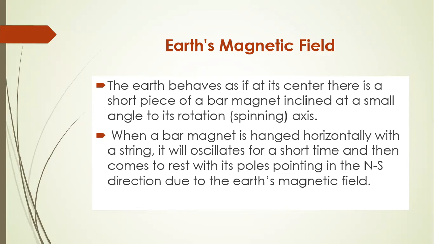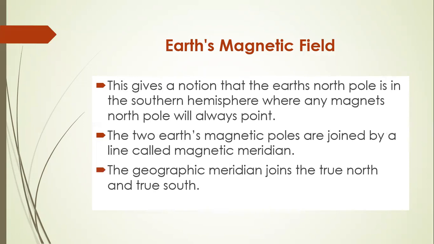When a bar magnet is hung horizontally with a string, it will oscillate for a short time and then come to rest with its poles pointing in the north-south directions due to the Earth's magnetic field. This gives the notion that the Earth's north pole is in the southern hemisphere, where any magnet's north pole will always point.